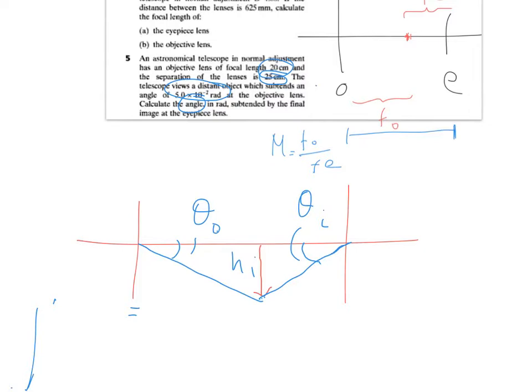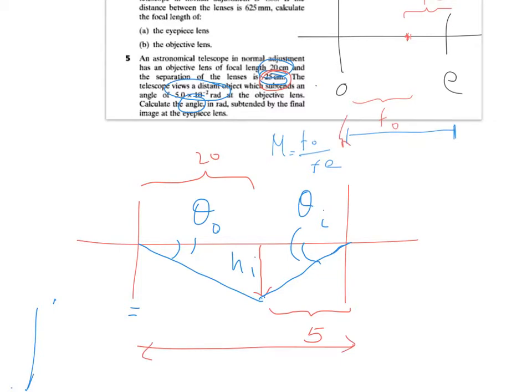Now your focal lengths are as follows. The objective lens focal length is 20 and your eyepiece lens must be 5, because remember they add up to 25. So this whole distance is 25.